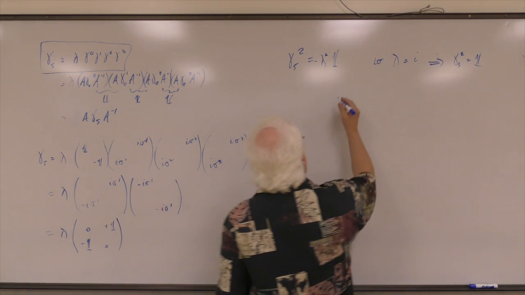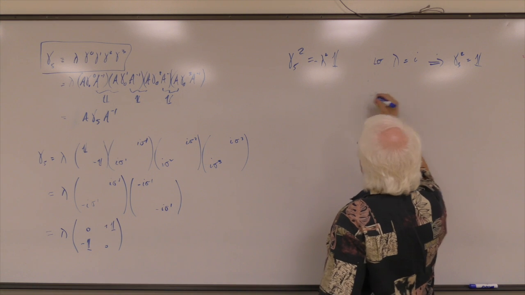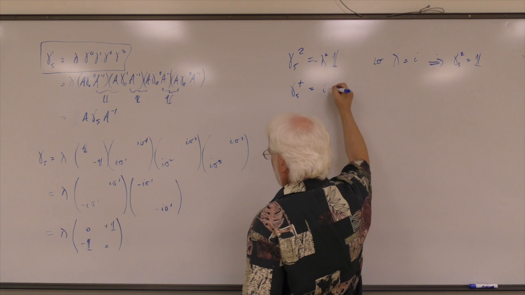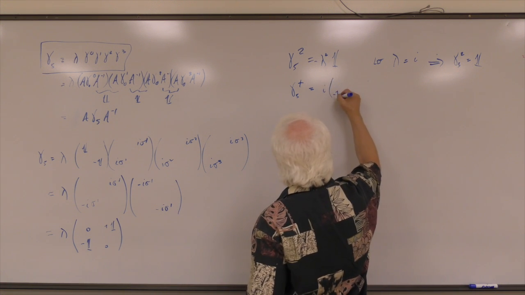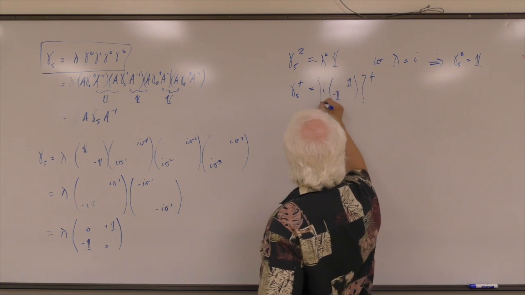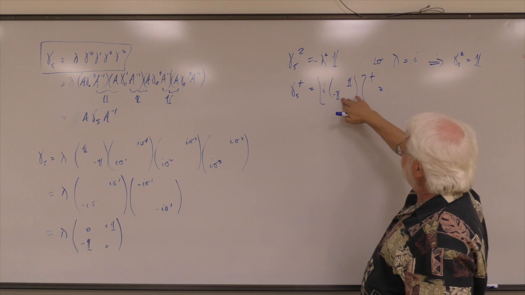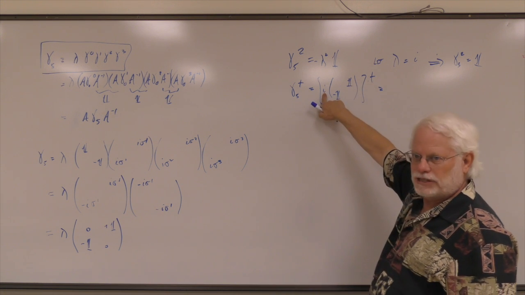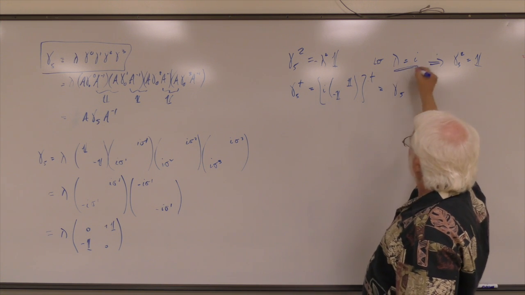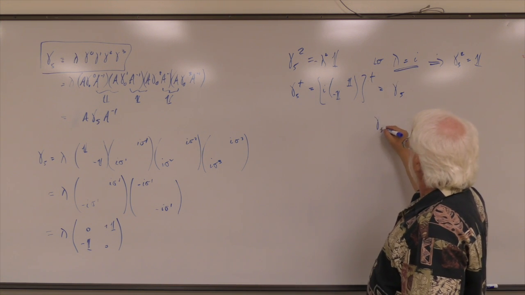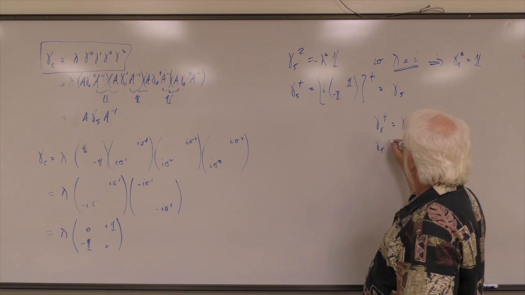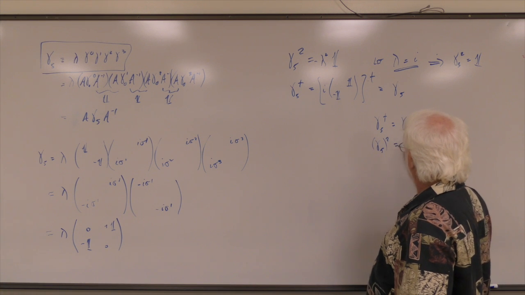Also, notice that that means that gamma 5 dagger is going to be i times minus 1, 1 dagger. So this is antisymmetric, so it goes to minus itself, but i goes to minus i, and it comes back to gamma 5. So this one coefficient means gamma 5 dagger is gamma 5, and gamma 5 squared is the identity.